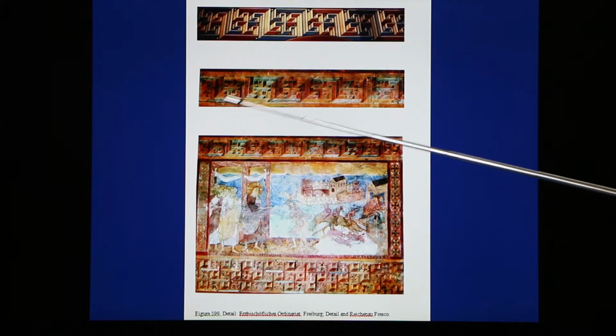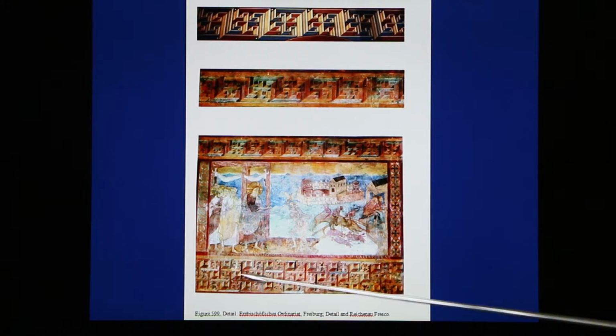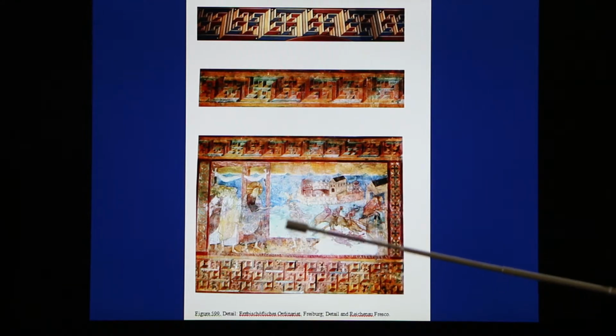And here, if you look closely, there's the detail, and there you see it surrounding a painting in the Reichenau, now on an island in the north of Switzerland from the 9th century.